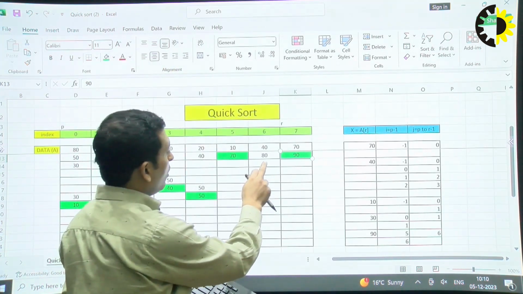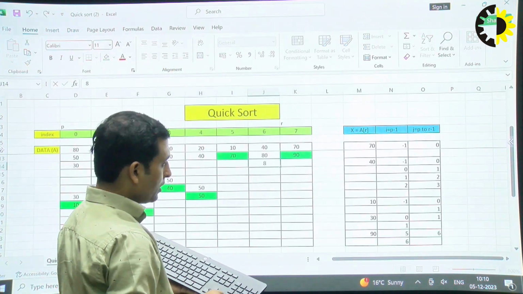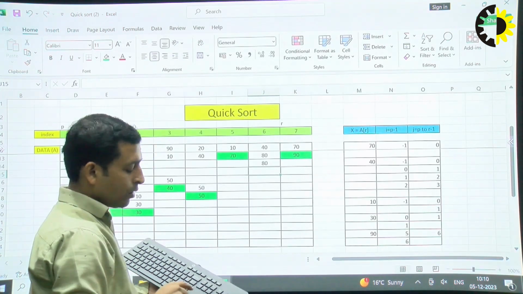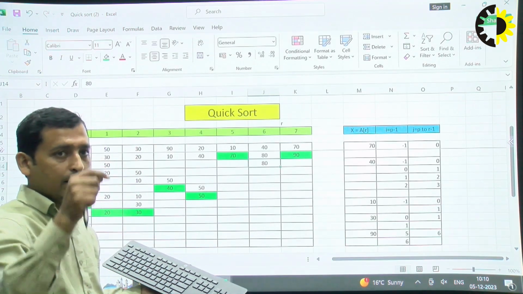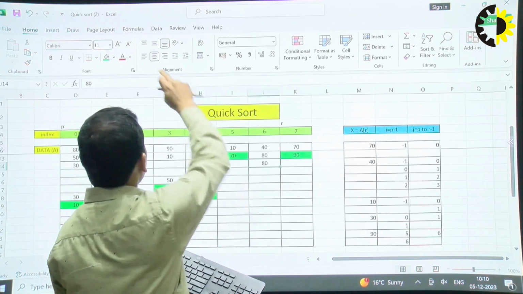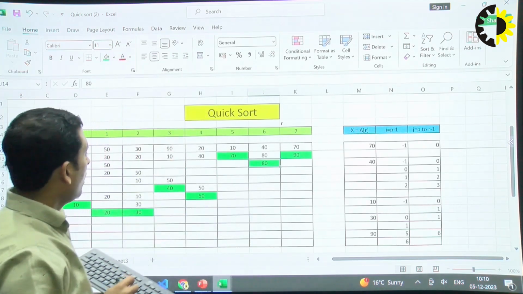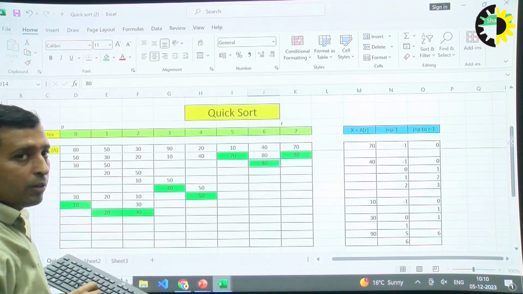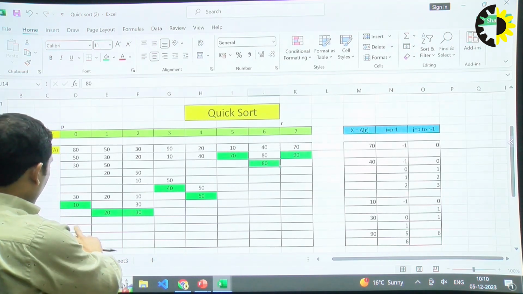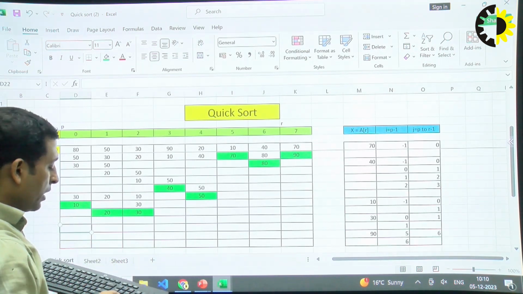Fix here. Only one element is left here, that is 80 in the first part. So P and R lie at the same position. So fix here. Now we can see no further division or partition is required, and now our array is sorted.